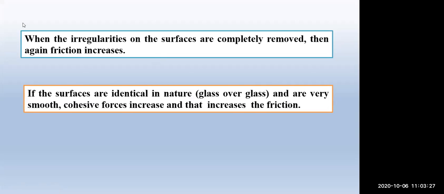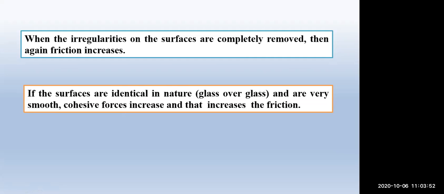If the surfaces are identical in nature, suppose glass over glass, and are very smooth, the cohesive forces increase, and that increases the friction. Even if they are not identical, some forces still come. The main thing to understand is that if we have two perfectly smooth surfaces, the friction is not going to be zero.